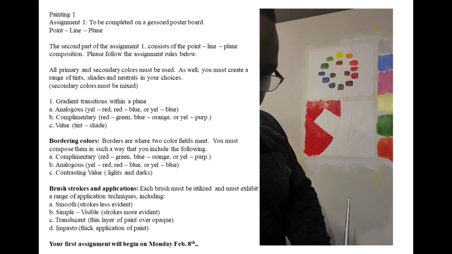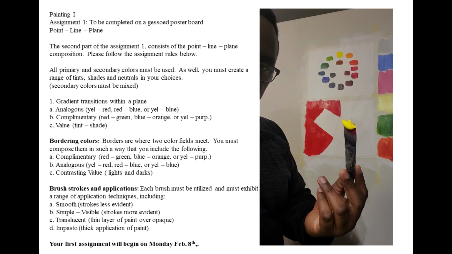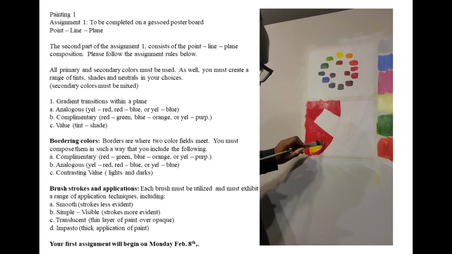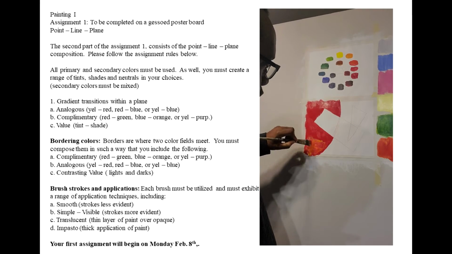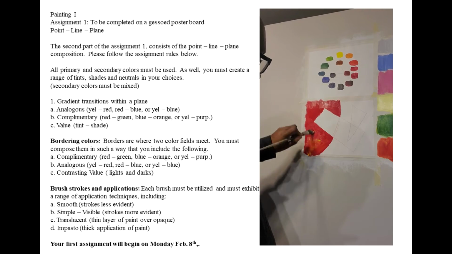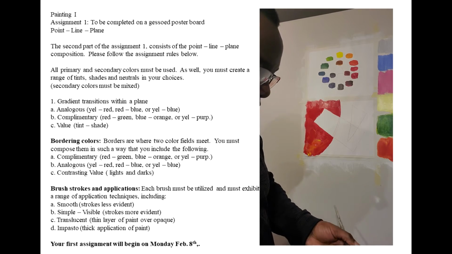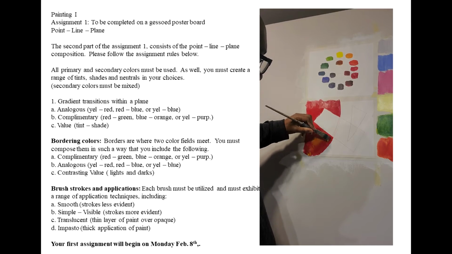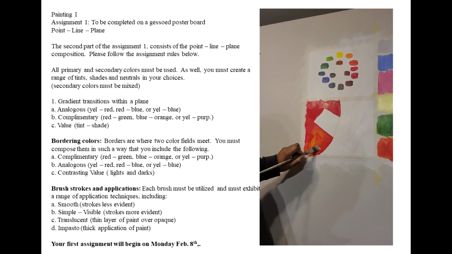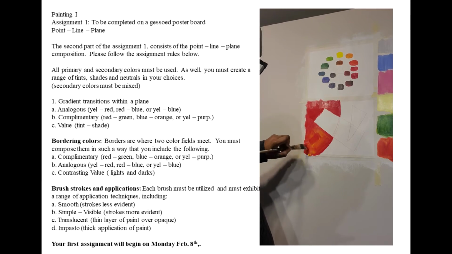I'm just going to go ahead and load my brush with some yellow. Since this is an area where I'm not trying to paint out brush strokes, I'm just going to apply very heavy brush strokes to my surface here.